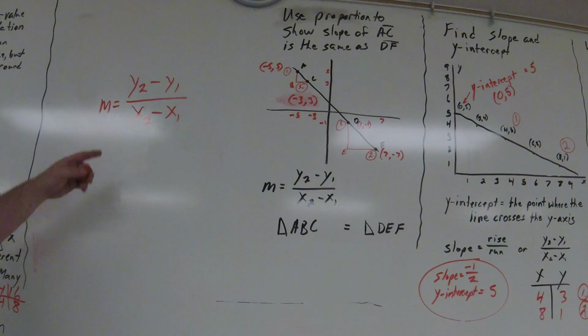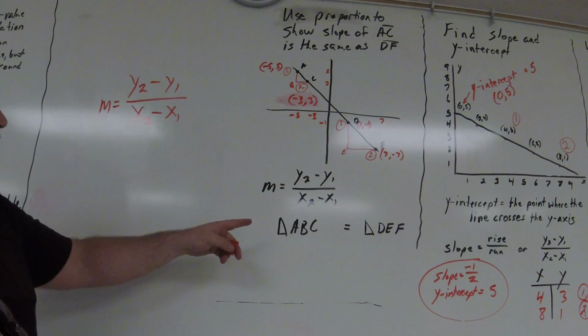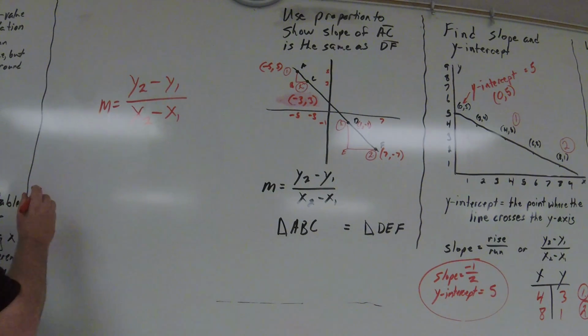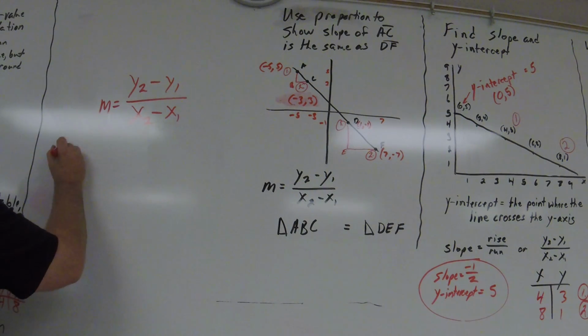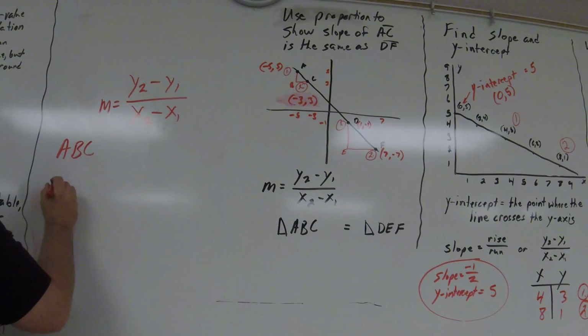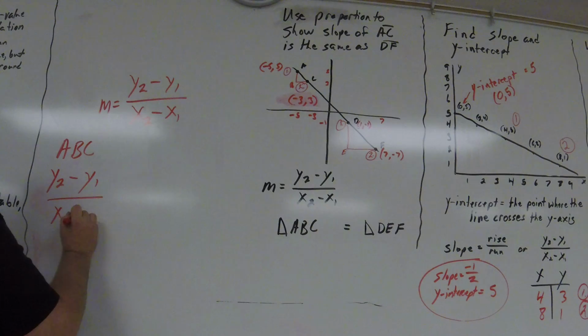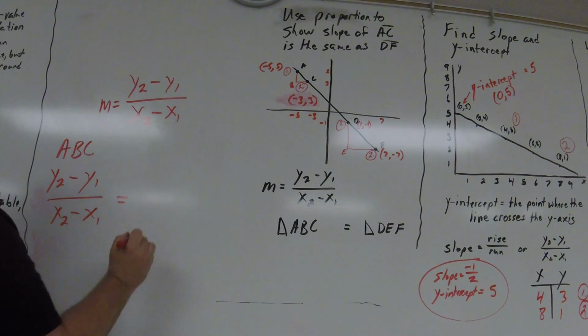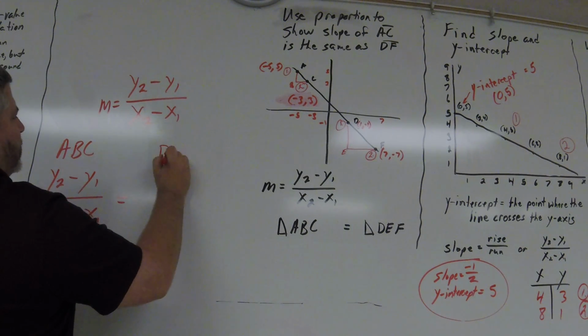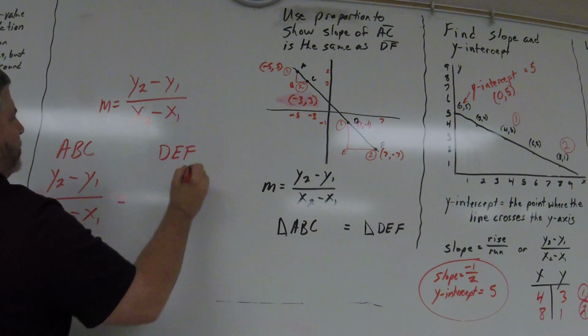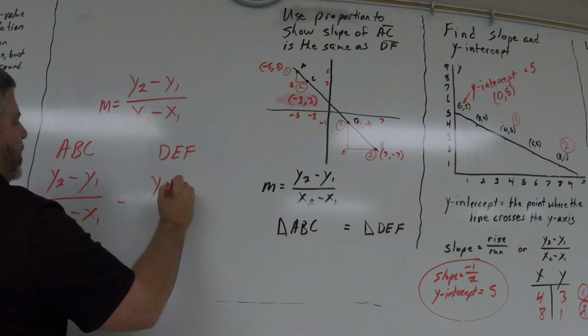We're going to say that for triangle ABC, the slope is equal to, for triangle DEF, the slope there.